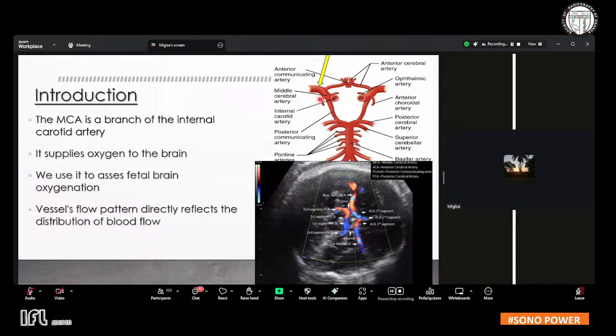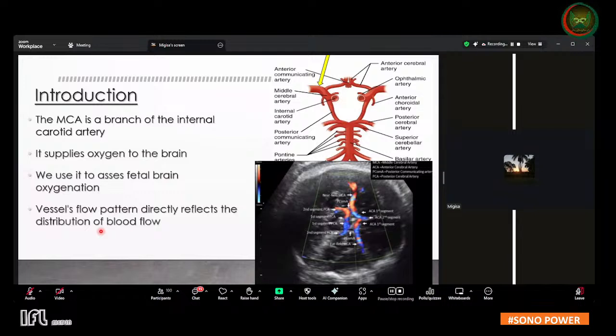So it's one of the largest vessels that supplies oxygen to the brain, and we use it in obstetrics to assess fetal brain oxygenation in order to detect any responses to reduced oxygen levels in the fetus. This is because the flow patterns directly reflect the distribution of blood flow.